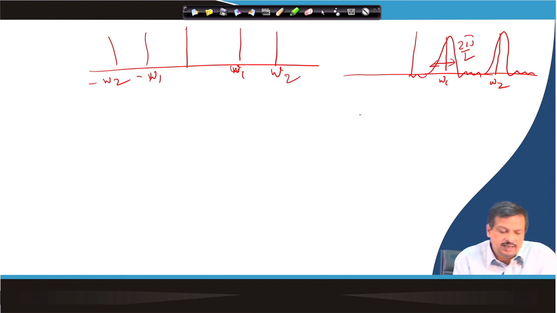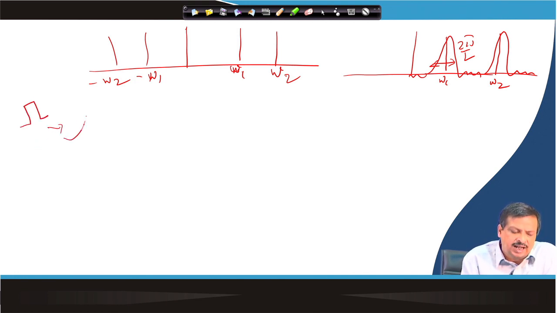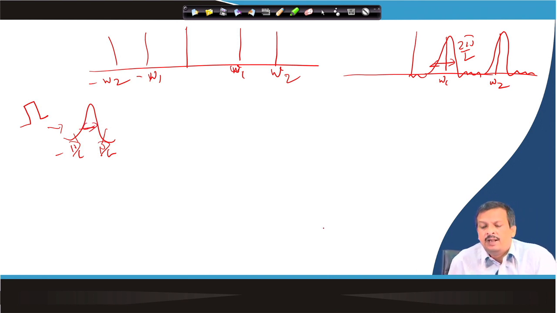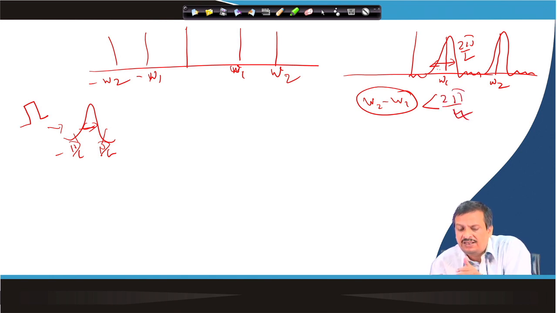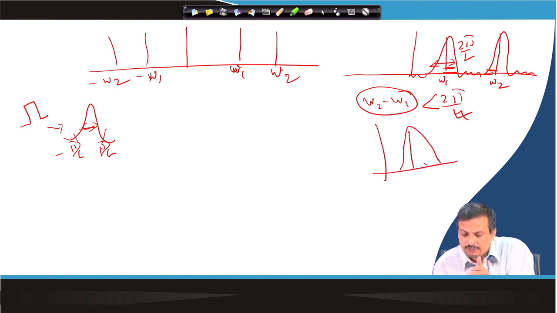So you know that if I use a rectangular window, which is a gate function, the sinc function has a main lobe from minus pi by L to plus pi by L. So total width is 2 pi by L. Now see that if omega 2 minus omega 1 is less than 2 pi by L, so this separation, this part is pi by L, this part is pi by L. So if it is less than that, there will be overlap.